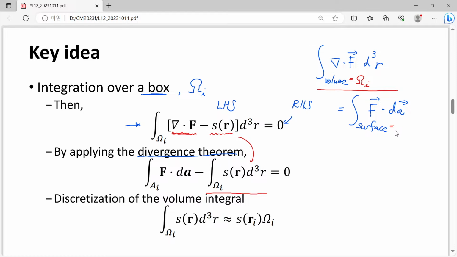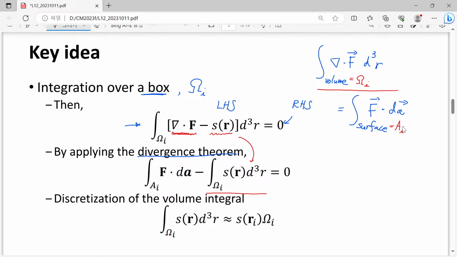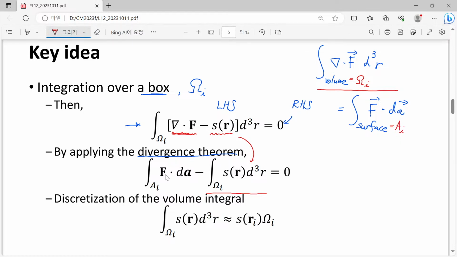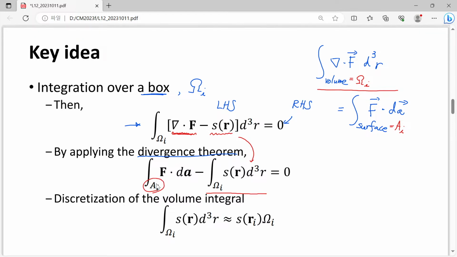This is denoted A sub I. So that's the reason why we have A sub I in this case. Up to now, nothing is approximated. Everything is just a straightforward application of the integral. So up to now we don't have any kind of approximation.